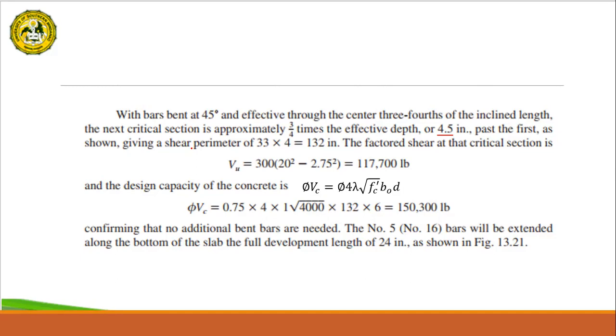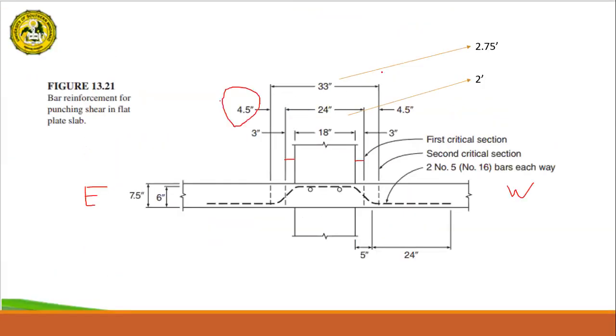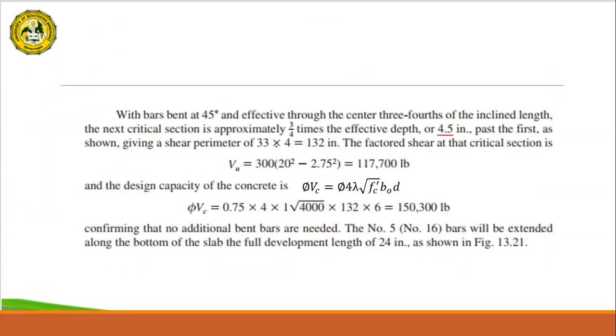So as shown, giving a shear perimeter of 33 times 4. So this is the new bo at the second critical section here. So we have bo equals 33 times 4 or 132 inches. Then the factored shear at that critical section. So we will compute again the factored shear at that critical section.